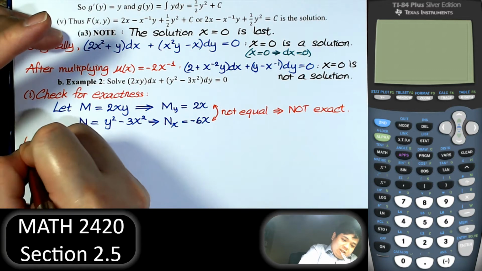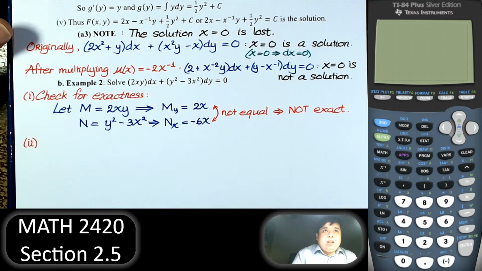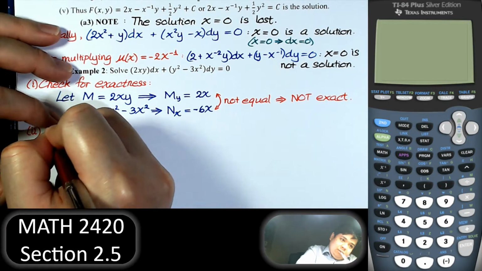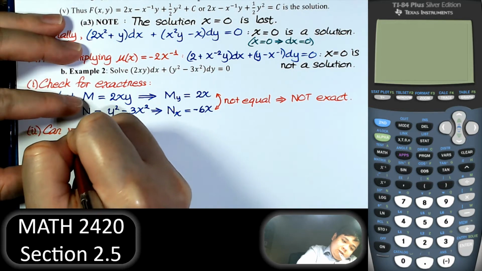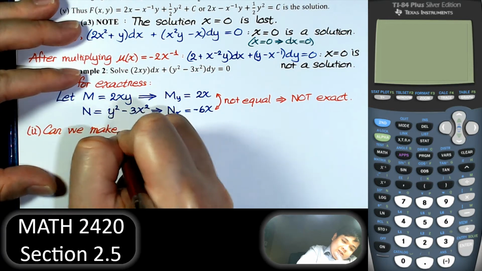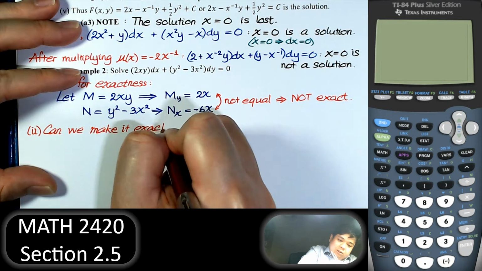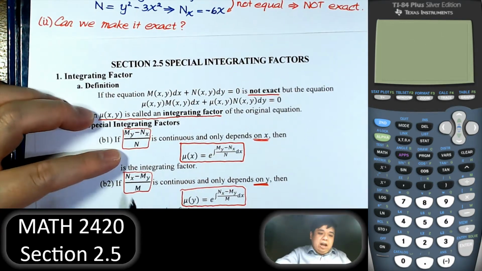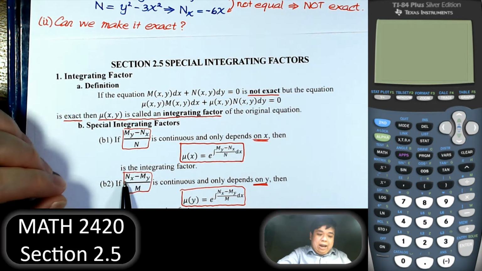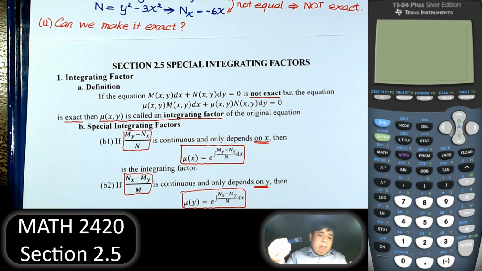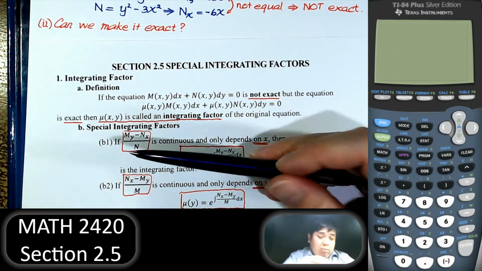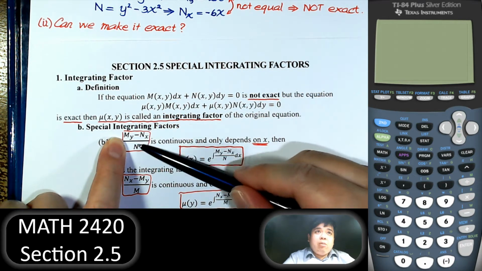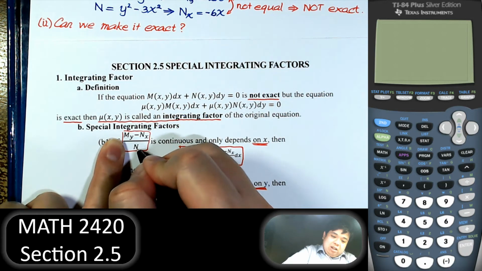Right, next. Can we make that exact? In order to do that, we will check these two conditions: either (M_y minus N_x) over N, or (N_x minus M_y) over M. By the way, the way I remember this: if we start with M, the N when we divide is always the same thing, and then this only depends on x.